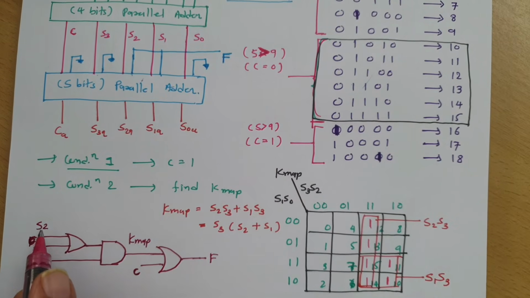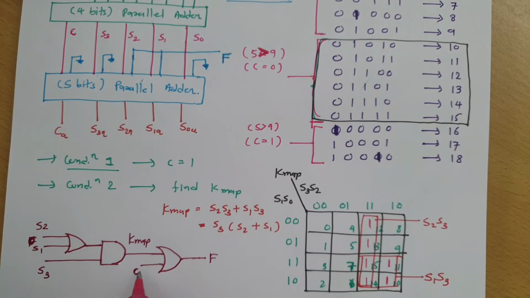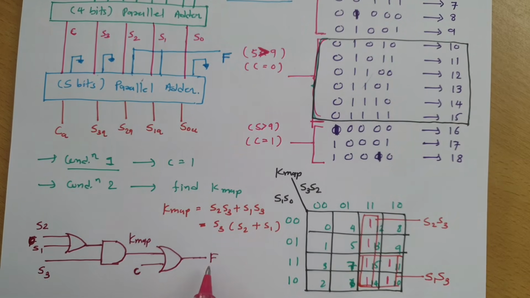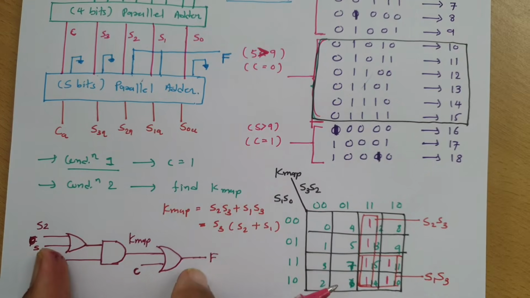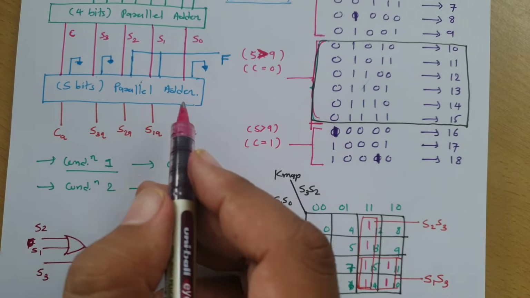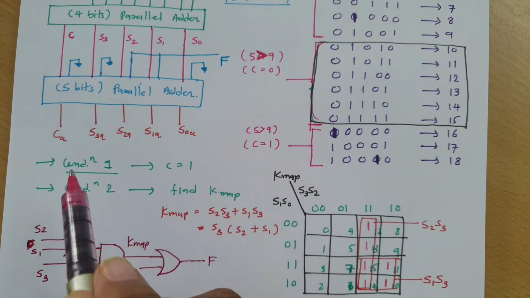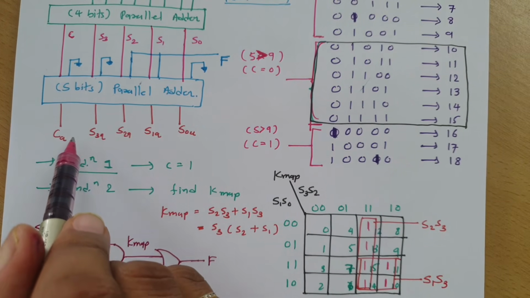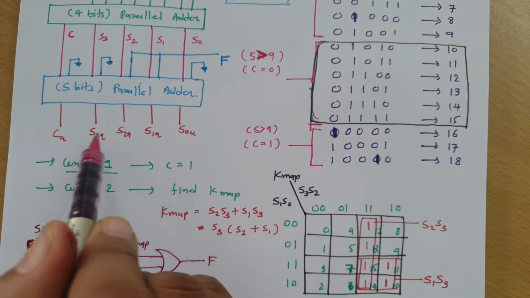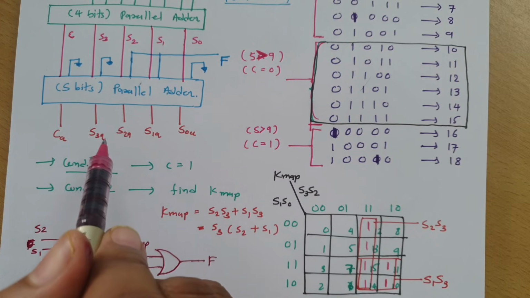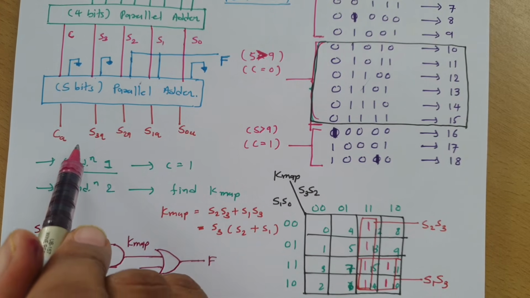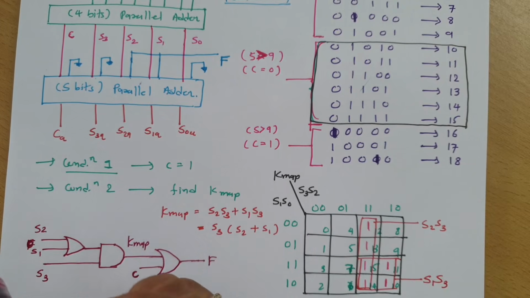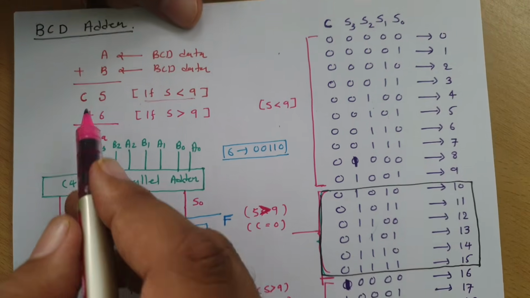So this is S1 S2 S3, and this is carry C, and K map and C ORing results into function f. If you make this circuit over here, then there will be BCD addition. So our resultant answer is CA equals carry, and C0A, C1A, C2A and C3A equals the sum, right? So this is how BCD addition is happening.